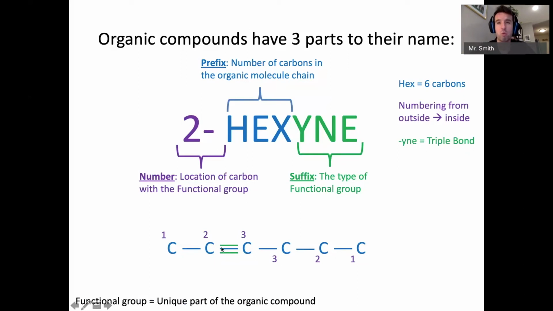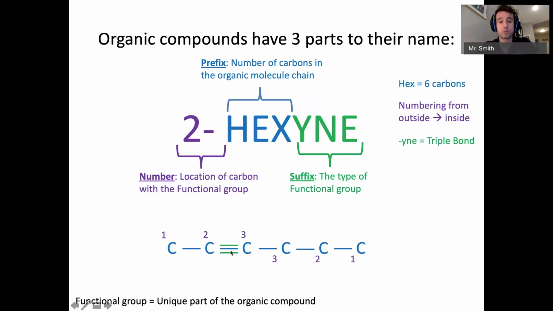So we always say that 2 is where the functional group starts. If it's a double bond, it's going to start on 2 and end on 3. Or if it was a 3, for example, it would start on 3 and then end on the other 3, so it would kind of be in the middle there. Another way of thinking about it, which is a little bit trickier, is to think: this is my first carbon bond, and then this would be my 2nd carbon bond, if that helps.